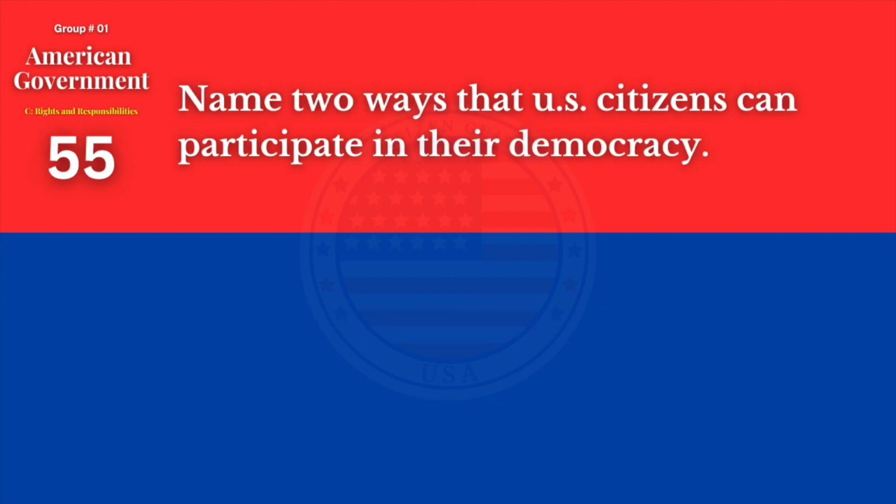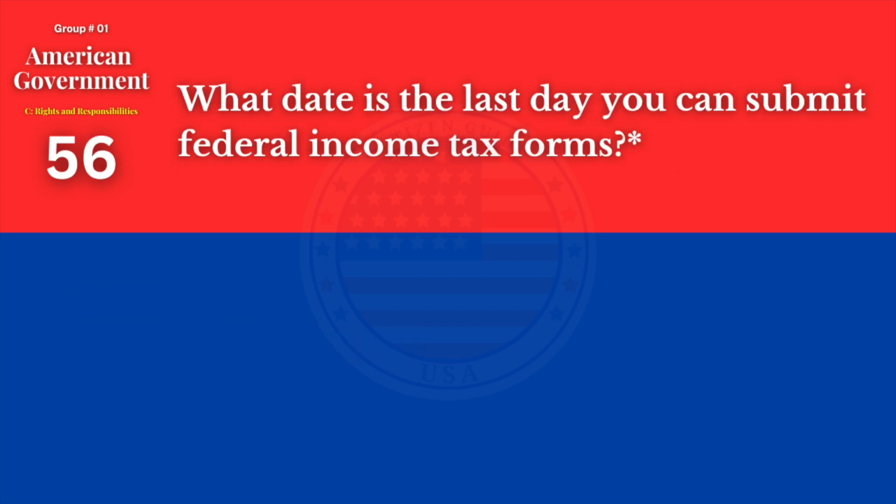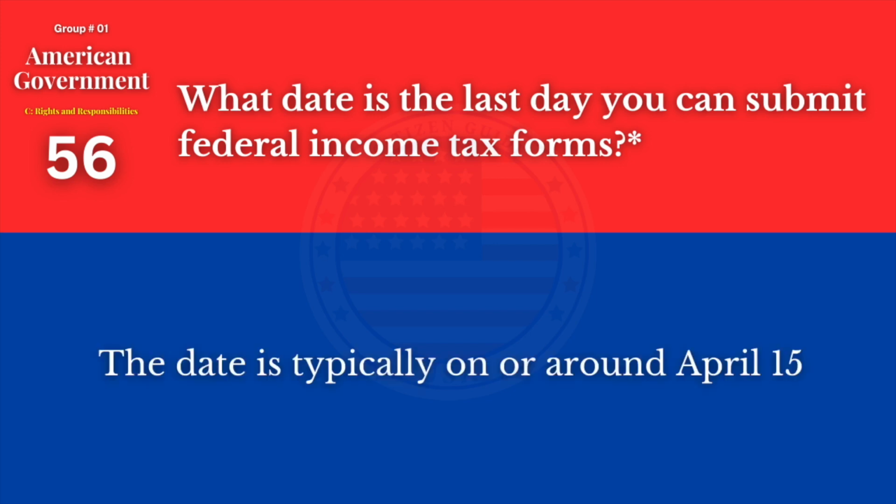Name 2 ways that U.S. citizens can participate in their democracy. Vote, join a political party. What date is the last day you can submit federal income tax forms? The date is typically on or around April 15th.